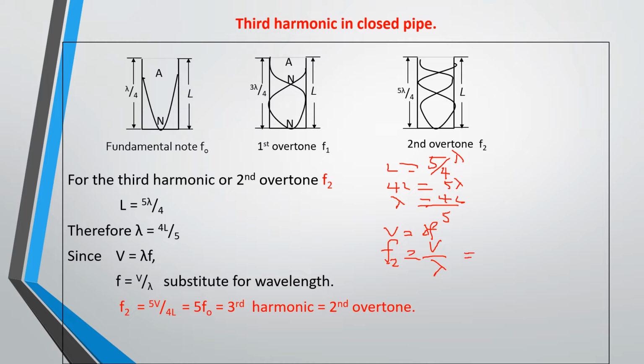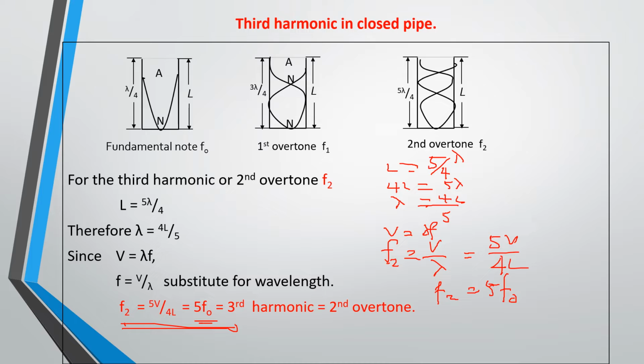If you substitute for lambda here, you are going to have that f2 is equal to 5v over 4L. What that simply means is that f2 is equal to 5f0, and that is exactly what we have here. So f2, or second overtone, is equal to 5 times the fundamental frequency.